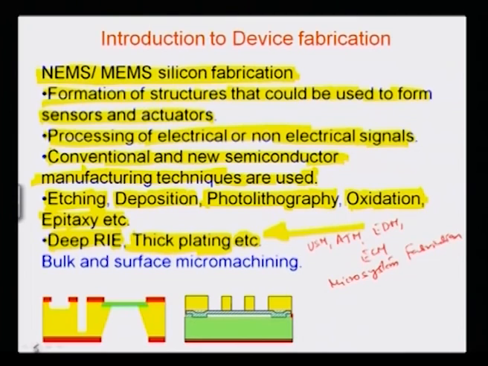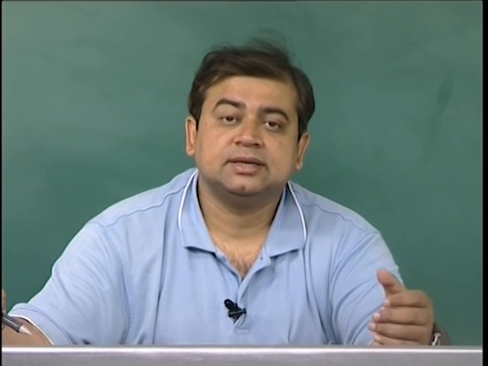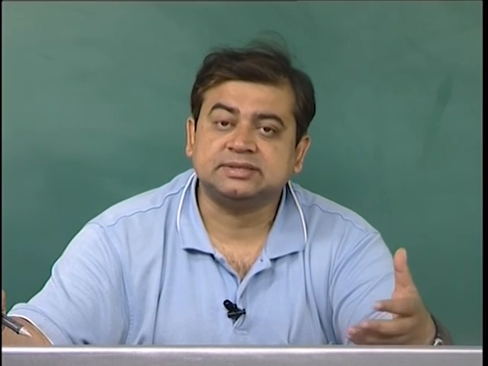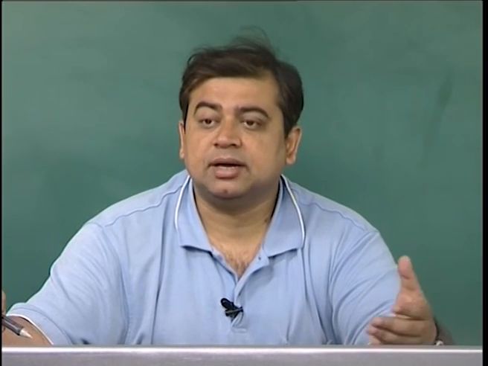So, if you look at all these machining processes in bunch, they can be categorized either as bulk micro machining processes or surface micro machining processes, and the bulk processes really are about the subtractive removal of material or subtractive processing of material from a wafer surface.